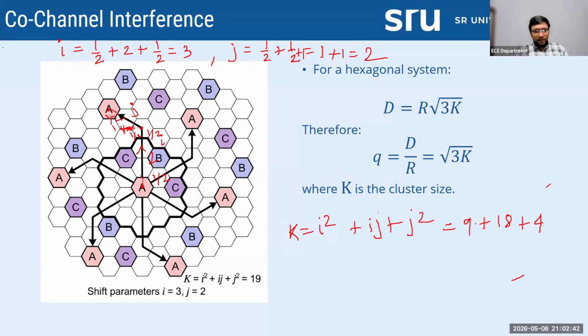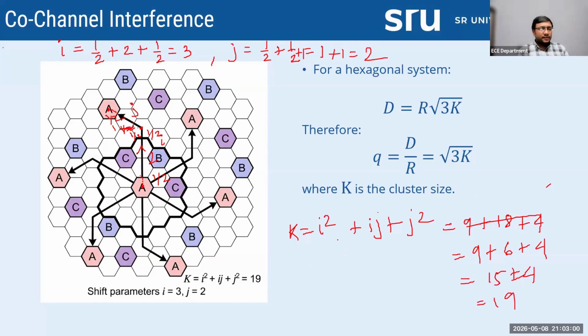Okay, sorry. Here I have made the mistake. So 9 plus 6 plus 4. So that is 15 plus 4. That is 19. Right. So in this way, we are getting the cell size or cluster size.